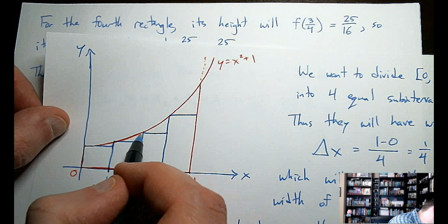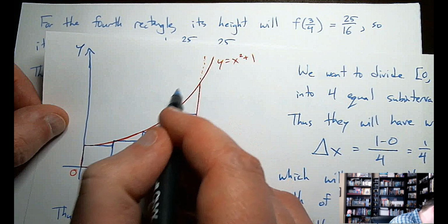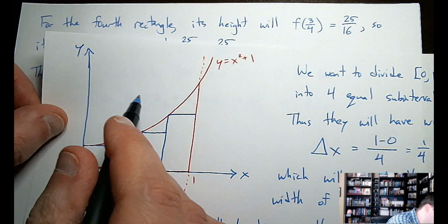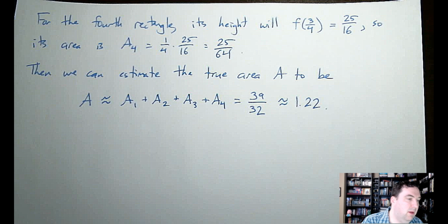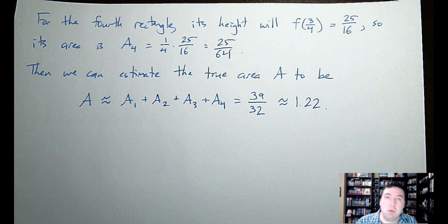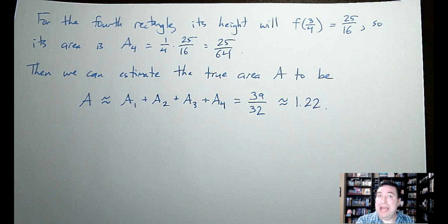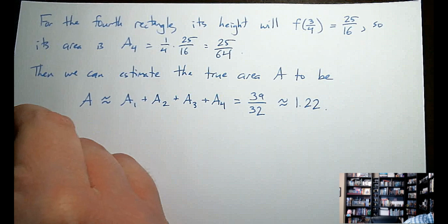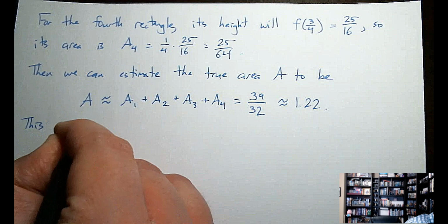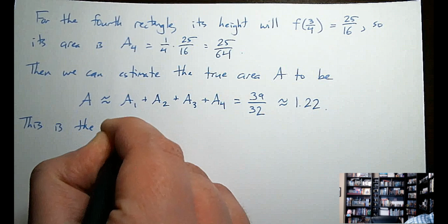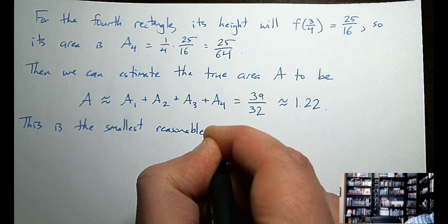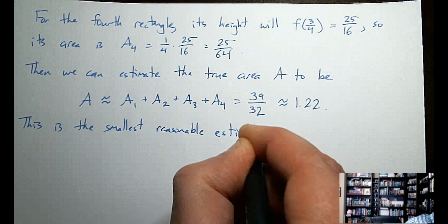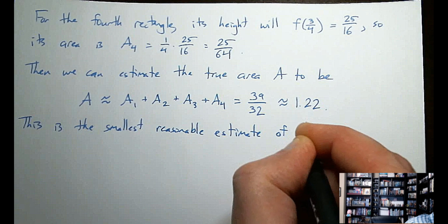We've left out this little bit, and this slightly bigger bit, and this bigger bit, and this much bigger bit, and we haven't overlapped anything, so we're not taking in any areas that we shouldn't be. So that makes this the smallest reasonable estimate for the true area A. And so we call this the lower sum.